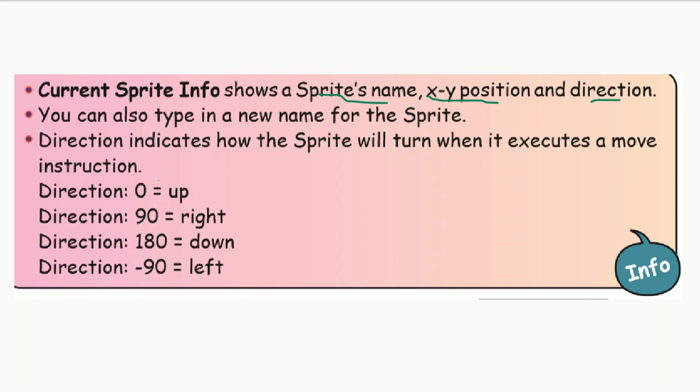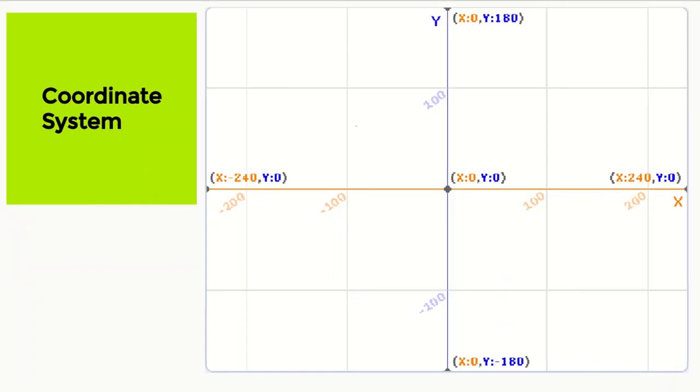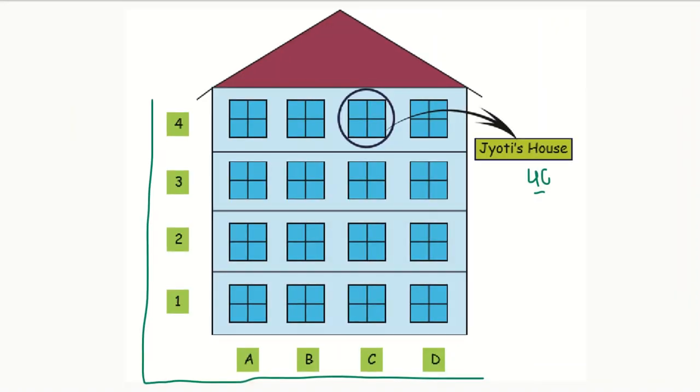Now to understand this x and y, basically x and y tell us about the coordinate system. As you can see, here I have divided the stage into x and y lines. Now what are these x and y lines? They can be understood by the following example.